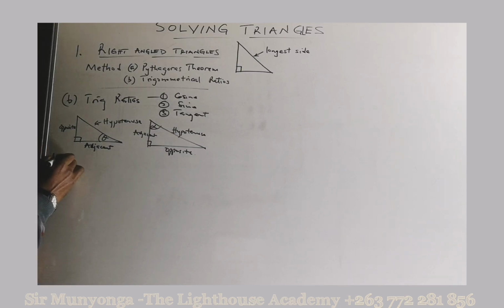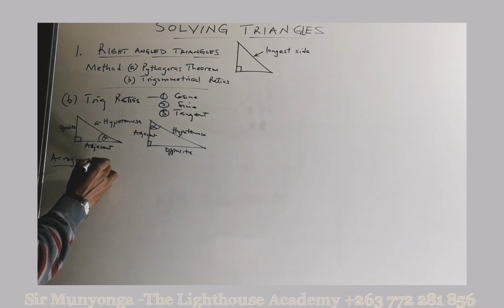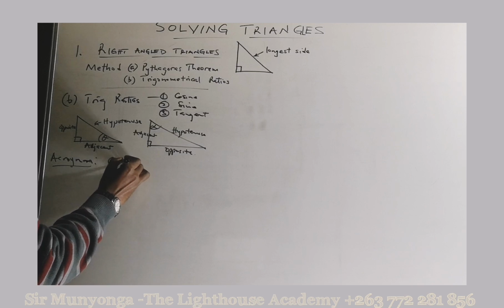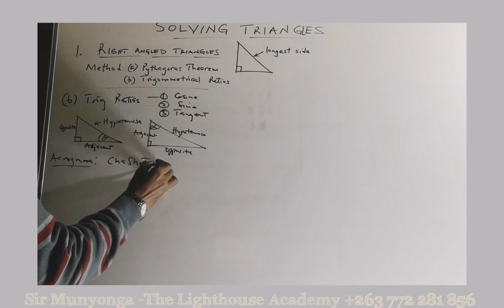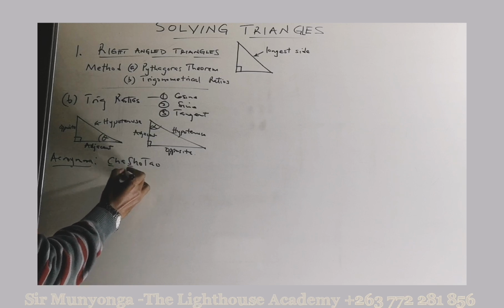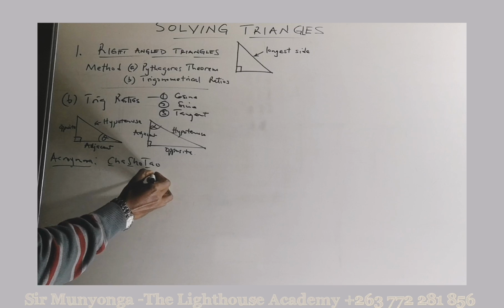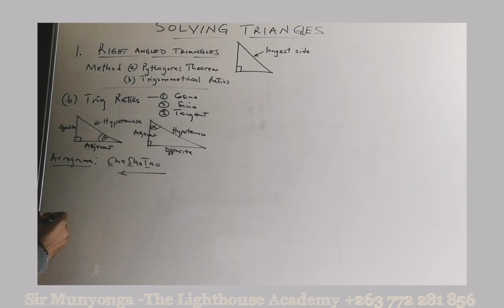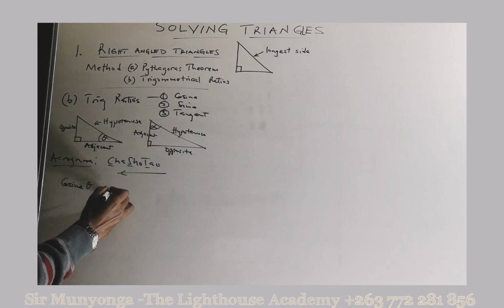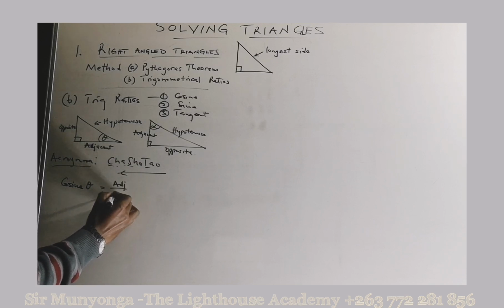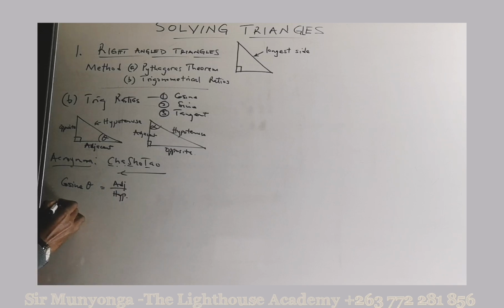So we are going to use an acronym to simplify this: ChaShoTao. C for cosine, S for sine, T for tangent. And when we read this, we read from right to left. So cosine theta equals adjacent over hypotenuse.